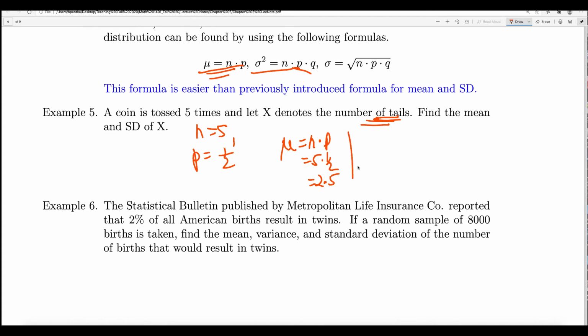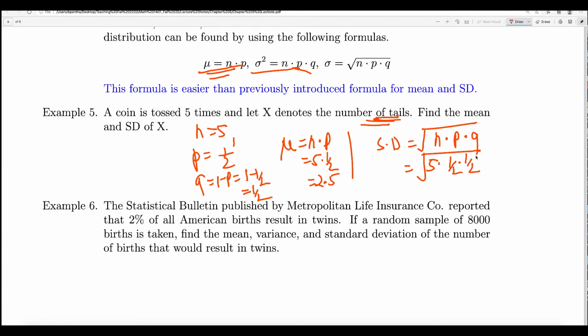So how do you find the standard deviation? Standard deviation is the root of n times p times q, right? So what is n? N is 5, times p is 1/2. What is q? Q is 1 minus p, that is 1 minus 1/2, which is also 1/2. So times 1/2. How much do you get?